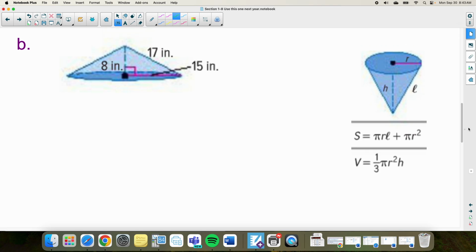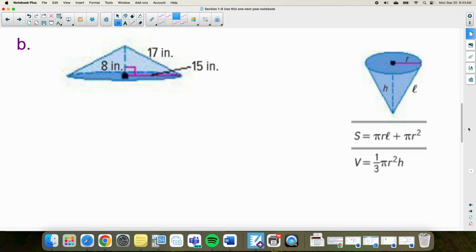Okay, so now we're going to do a cone, and the formulas are right here. This happens to be kind of a smushed cone because I always take these diagrams and copy and paste them, and it looks like it's distorted from me doing that. But this is supposed to be a circular base, so that is a cone.